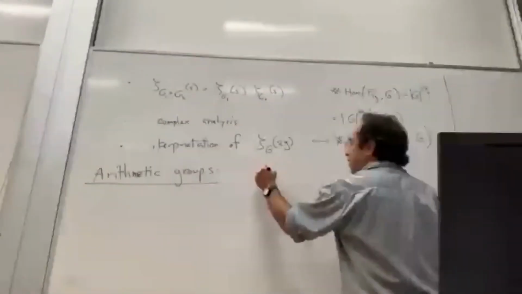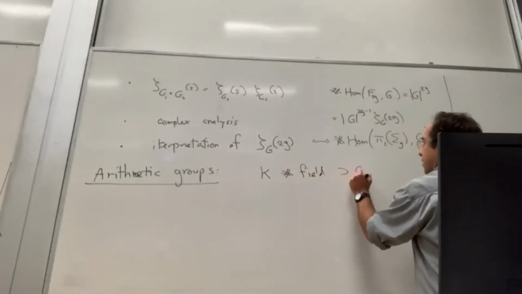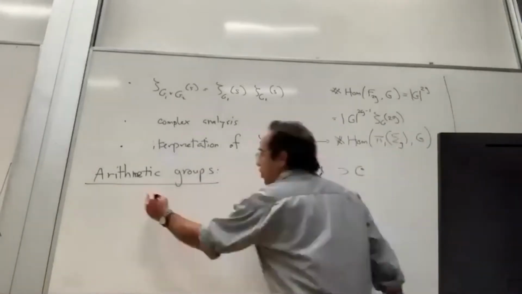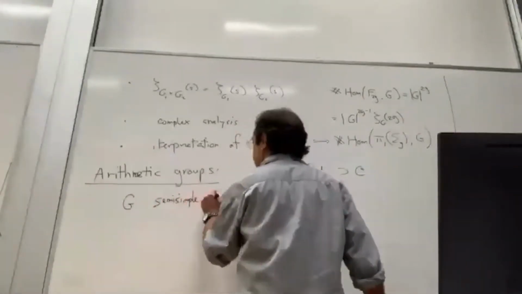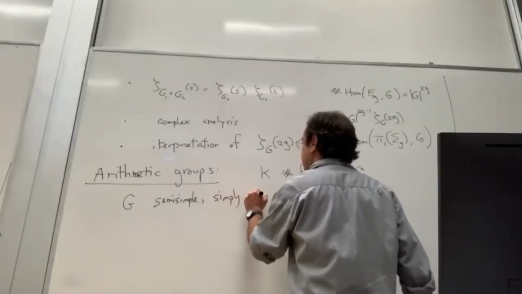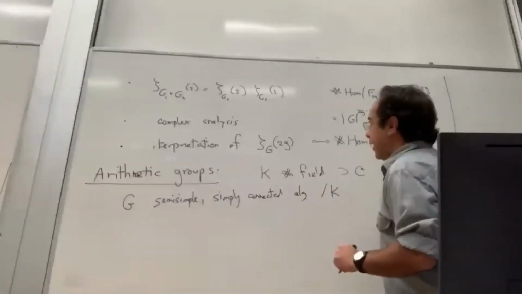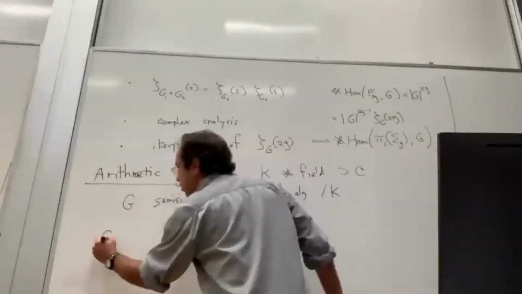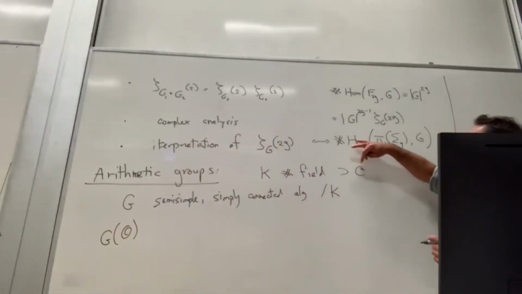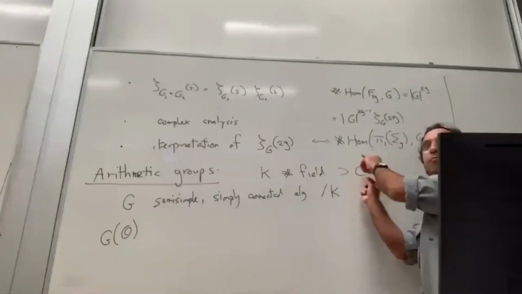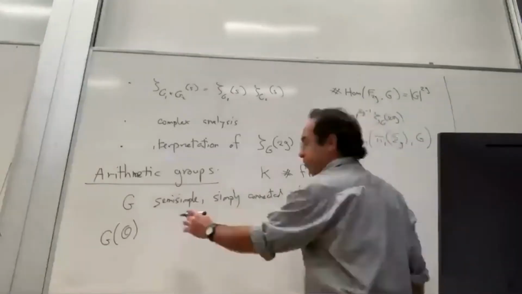I will have a number field, and look at the ring of integers, and G would be a semisimple, simply connected algebraic group over K. The arithmetic groups that we'll be looking at are G of O, just the integral points of G. At some point, I might take something slightly more general. I will invert some primes and then look at S-integers. But basically, that's it. So G of O will be my arithmetic group.